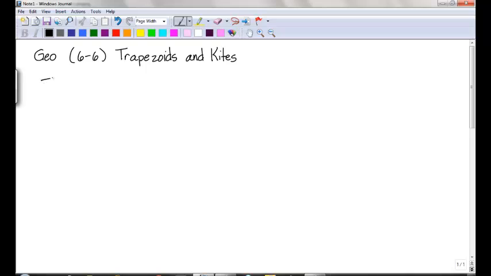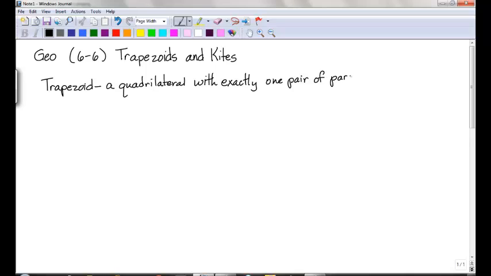Most of the time you have already worked with a trapezoid in probably 7th, 8th grade math. A trapezoid is a quadrilateral, so that's just telling you it's got 4 sides. It's a quadrilateral with exactly one pair of parallel sides.